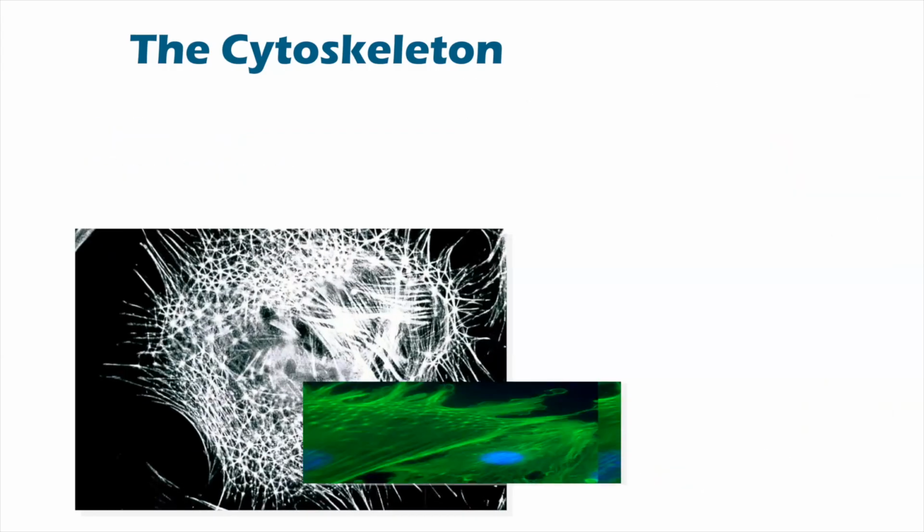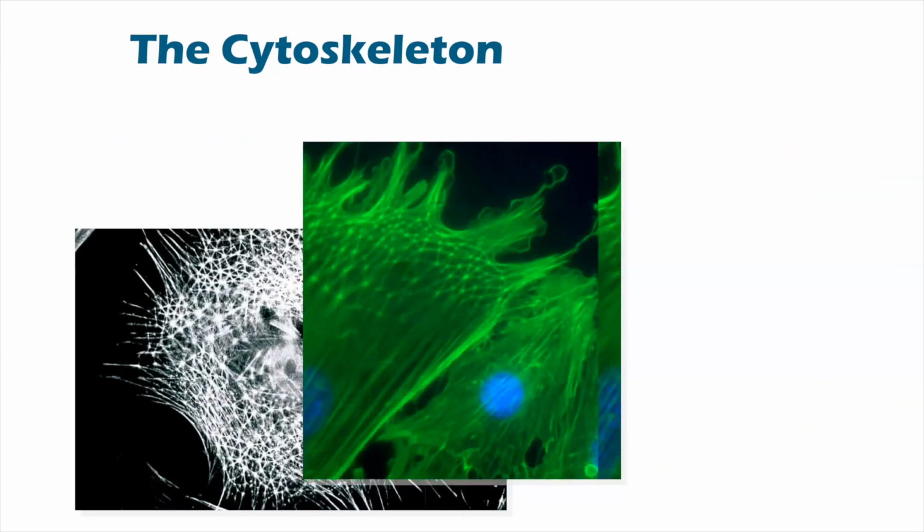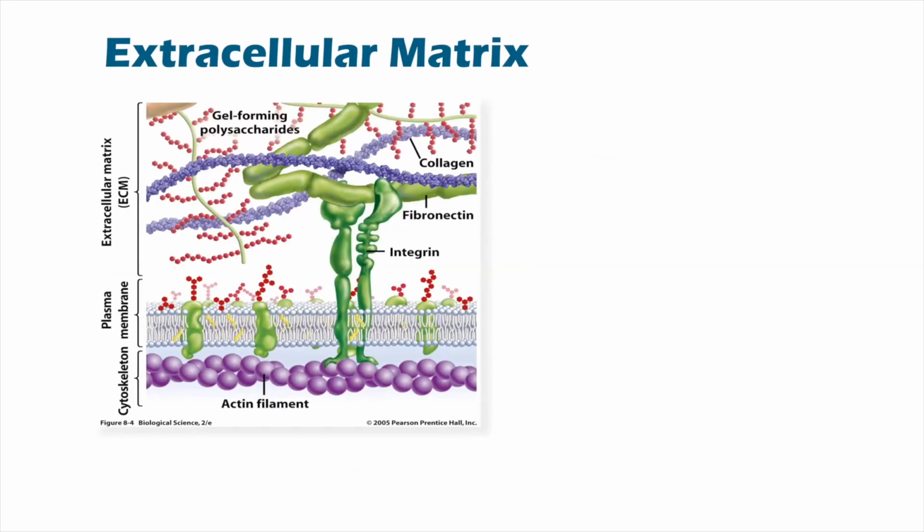And these are some of the microscopic views of the cytoskeleton. In addition to the cytoskeleton, we also have a significant interconnection between cells called the extracellular matrix, composed of various forms of proteins and polysaccharides that link one cell to another.